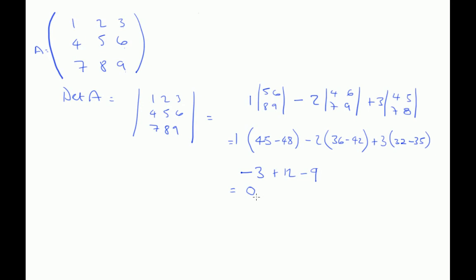So the cofactors then, if A is a square matrix, the minor of this element is 5, 6, 8, 9.